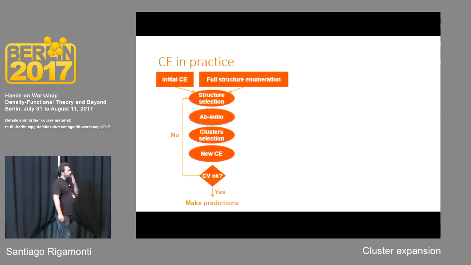Okay, then how is all this done in practice? You basically start with an initial cluster expansion, so you need some initial data and some initial set of clusters, whatever you choose. Then you have a crystal, a supercell, and usually what the available codes do is a full structural enumeration.